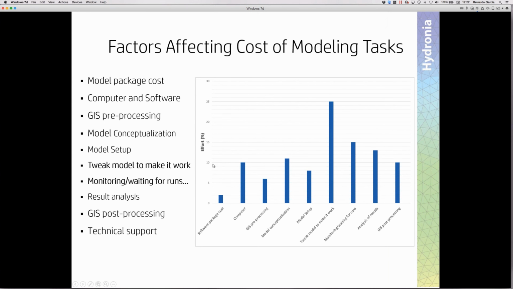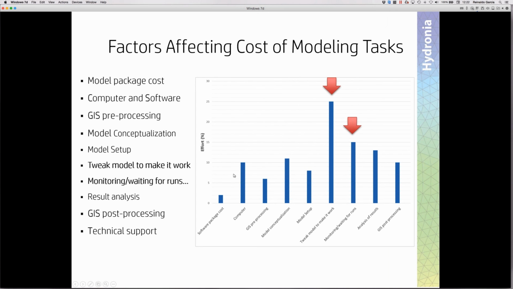So this survey indicates that the two most important factors affecting the cost of a modeling project are tweaking the model to make it work and monitoring and waiting for runs.